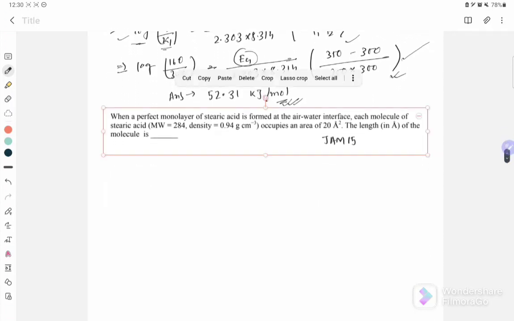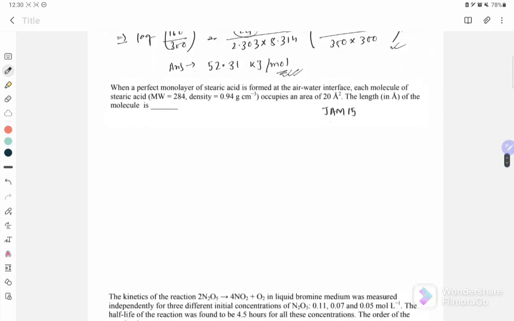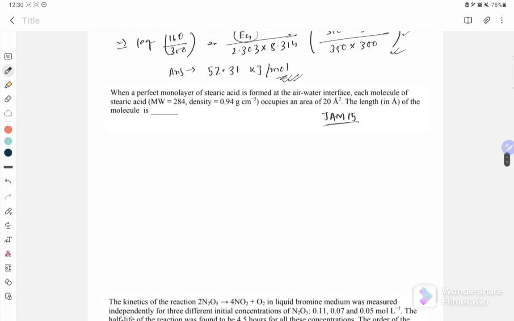Okay, next question. That is JAM 15. When a perfect monolayer of stearic acid is formed at the air water interface, each molecule of stearic acid, with molecular weight 284 and density 0.94 gram per cm cubed, occupies an area of 20 angstrom square.